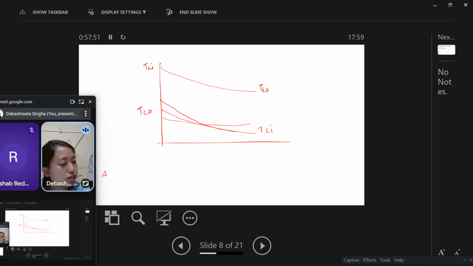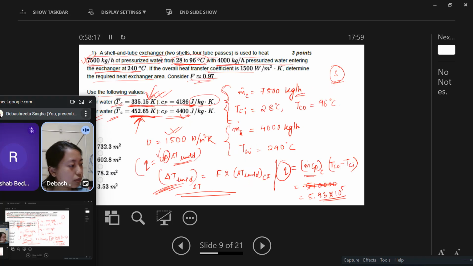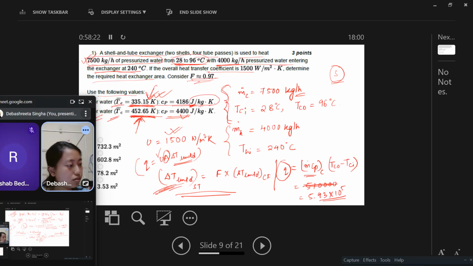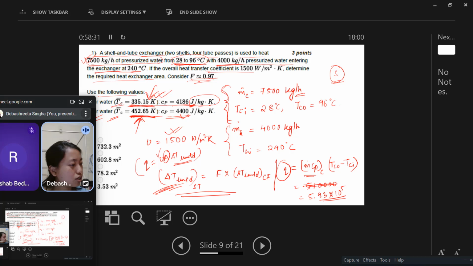For counterflow, delta T1 is THI minus TC naught, delta T2 is TH naught minus TCI. So this is the one which we follow. TH naught minus TCI is this minus 28, and THI minus TC naught is 240 minus 96.